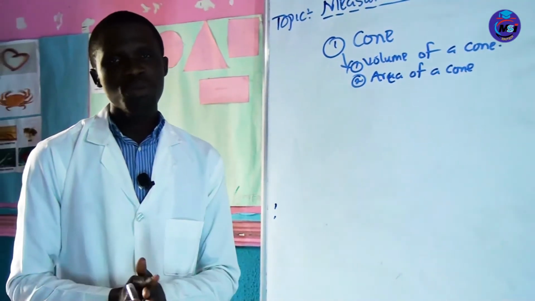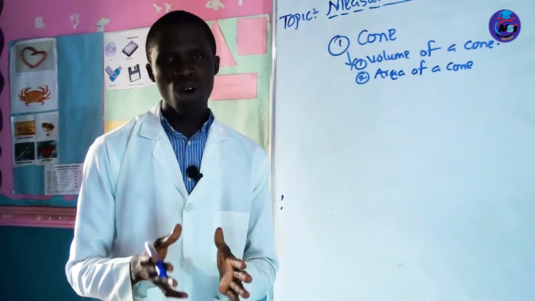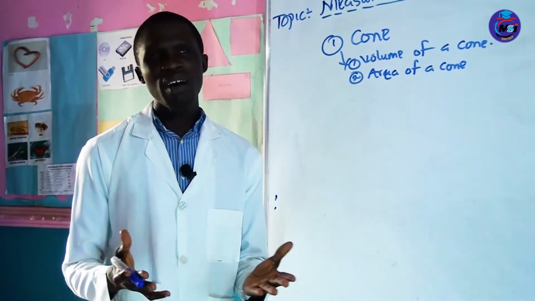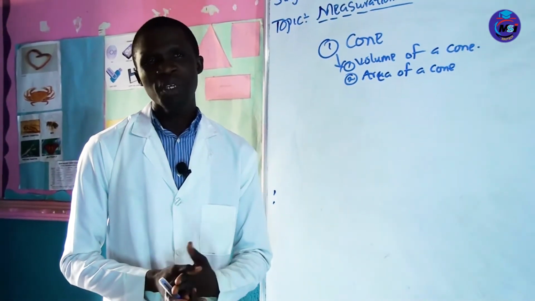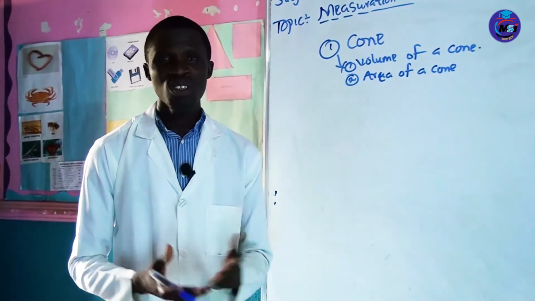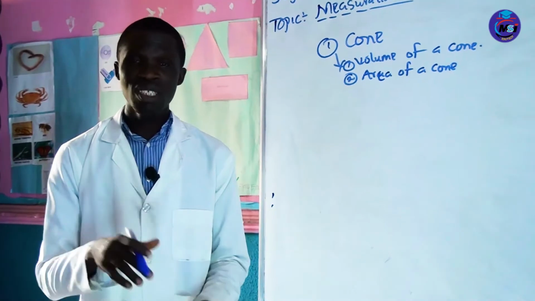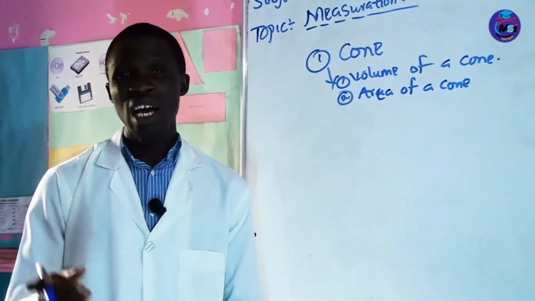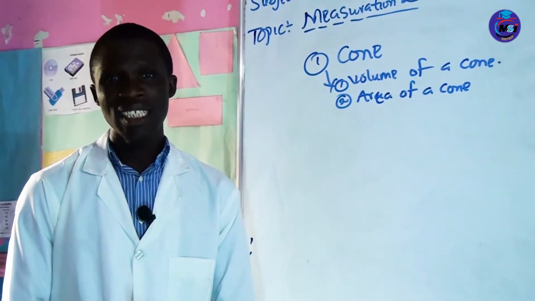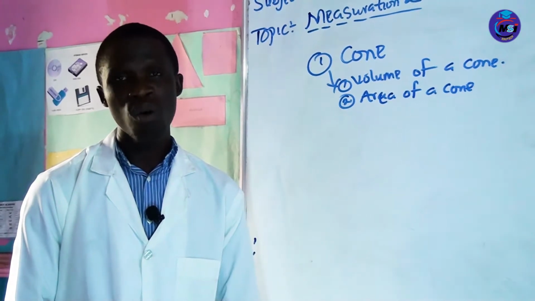I want to explain what cone is all about. If you have seen a funnel before, maybe at home, where mommy asks you to go and bring a funnel, put it inside a bottle, and pour water inside, that's an example of a cone.